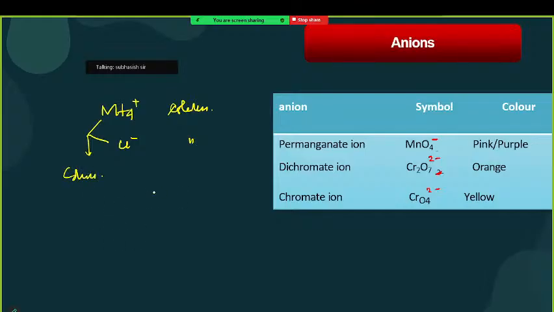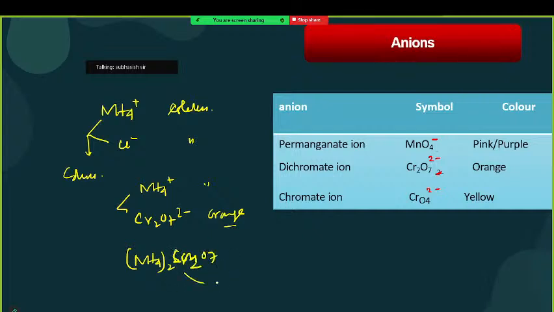But just take an example: ammonium is colorless, but dichromate is orange in color. So what about ammonium dichromate? When you see ammonium dichromate, its positive part is colorless, but the negative part, the dichromate part, Cr2O7, is orange in color. So ammonium dichromate should impart an orange color.